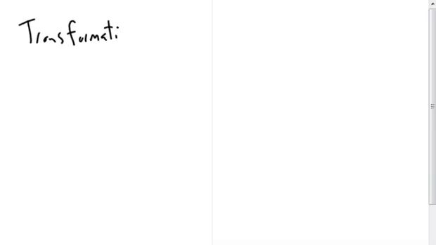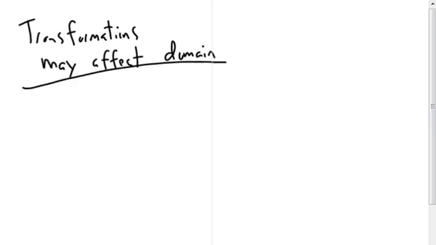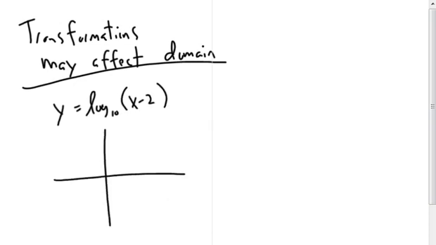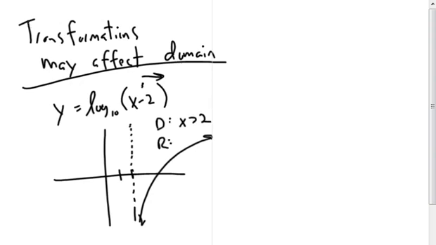So just a word on those transformations and how they may affect the domain and the range. So if you have x minus 2, we saw that's going to shift it over to the right. So we have a new vertical asymptote here at x equals 2.